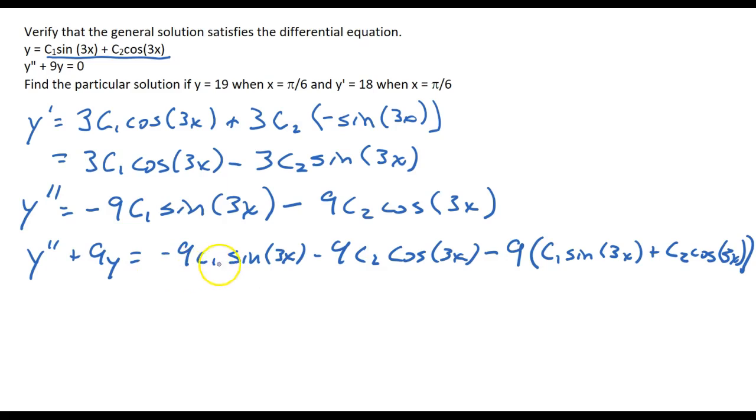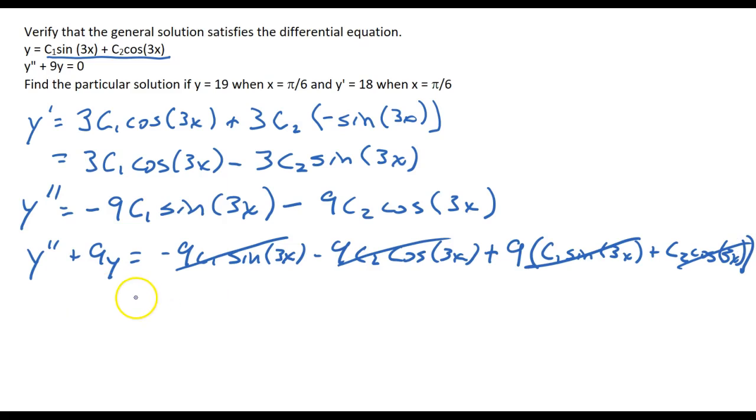So I have a negative 9c1 sine 3x plus a 9c1 sine 3x, so that cancels. I have a negative 9c2 cosine 3x plus a 9c2 cosine 3x. So that cancels, so yes, it works.